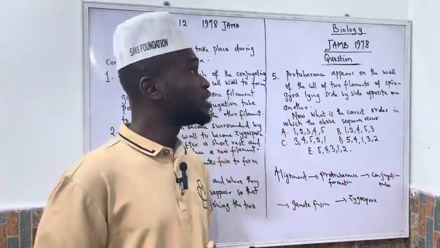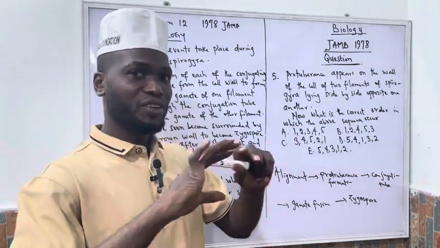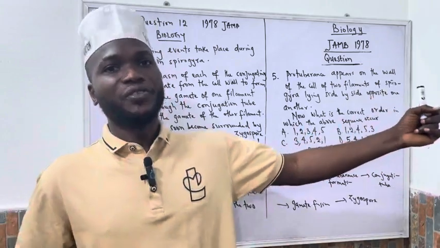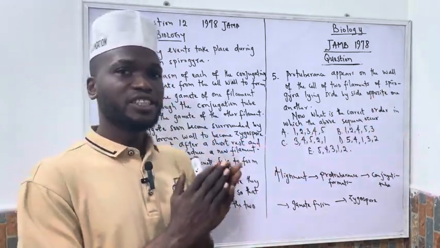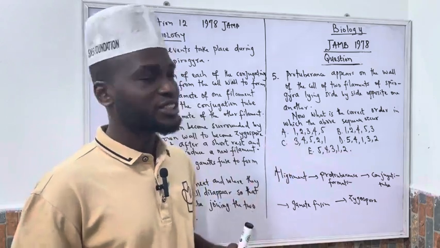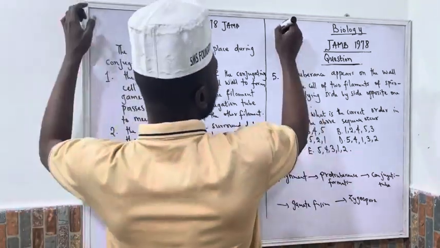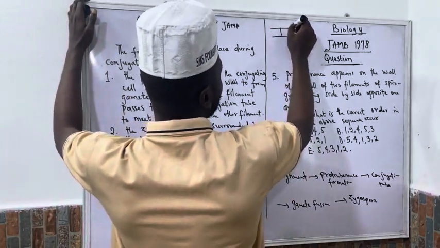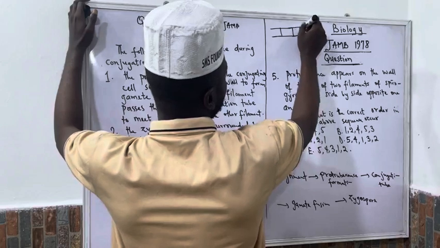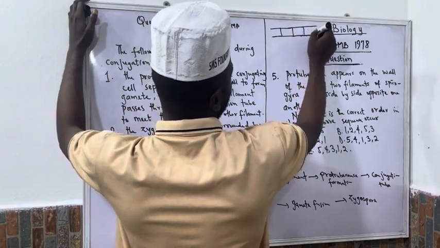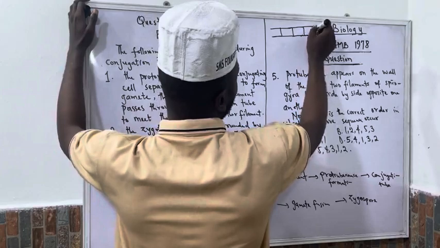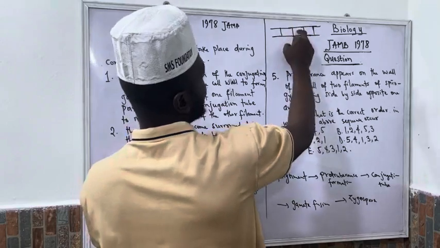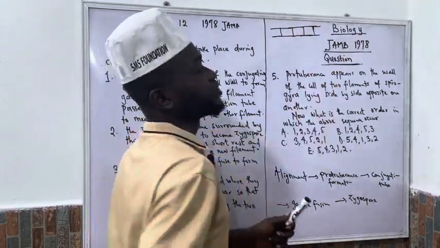Spirogyra is a filamentous organism, that is, it has a long filament, and each filament is made up of fragments. So this is how a Spirogyra looks. You are going to have different fragments like this. So this is a fragment, this is another fragment, and it continues like that.